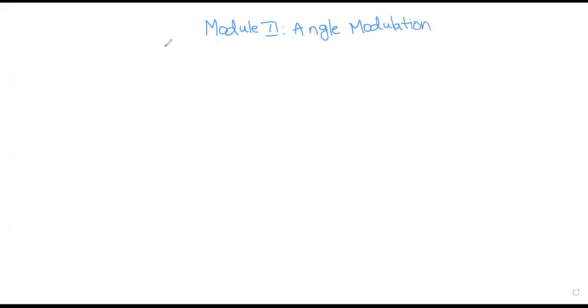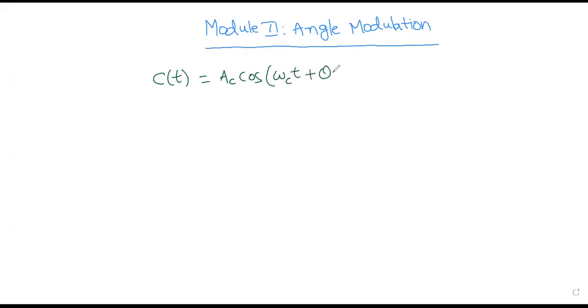As I was saying in yesterday's class, I gave a brief introduction to what angle modulation is. If you take a sinusoidal carrier, let us say the carrier is c(t) equals A_c cos(omega_c t plus theta naught).